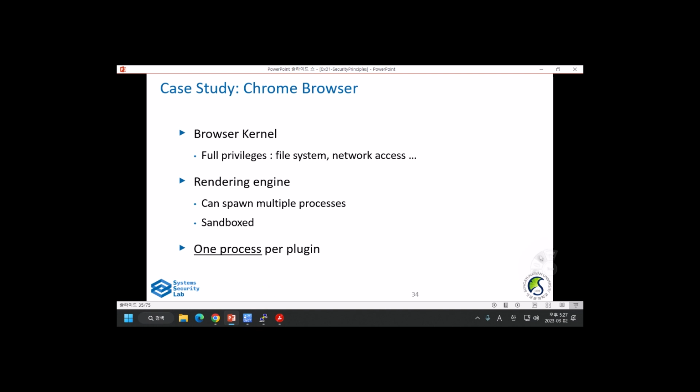It has a browser kernel, which has the full privilege, kind of like how we have the real operating system kernel. So only the kernel has the full privilege, and the rendering engine and other components contain their own privilege within themselves. So everything is sandboxed, everything is separated.